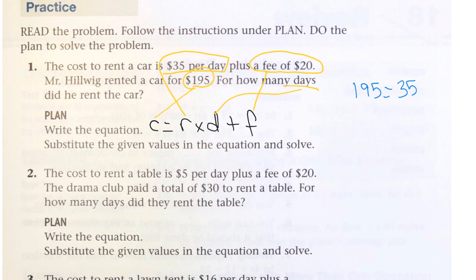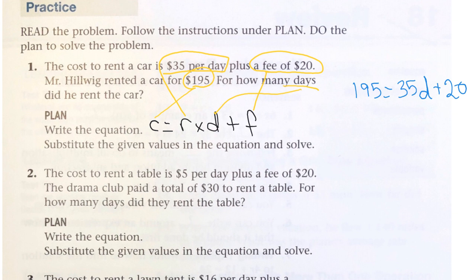So that's why we can just put the number with the variable, and that represents multiplication, plus the fee of F, which is $20. Not sure why they don't replace the plus sign with a t. I guess a t and a plus sign don't look close enough alike.